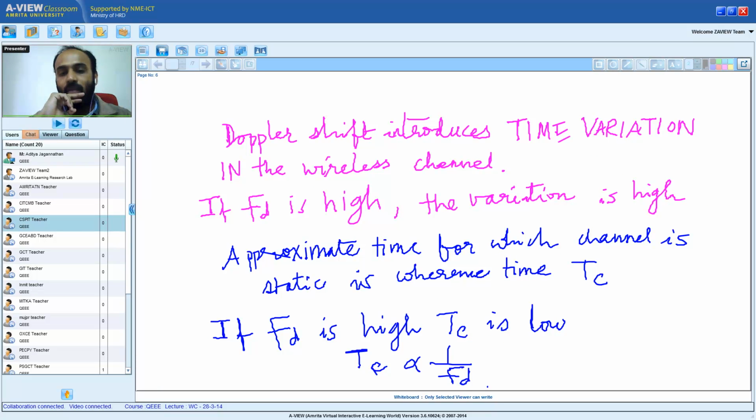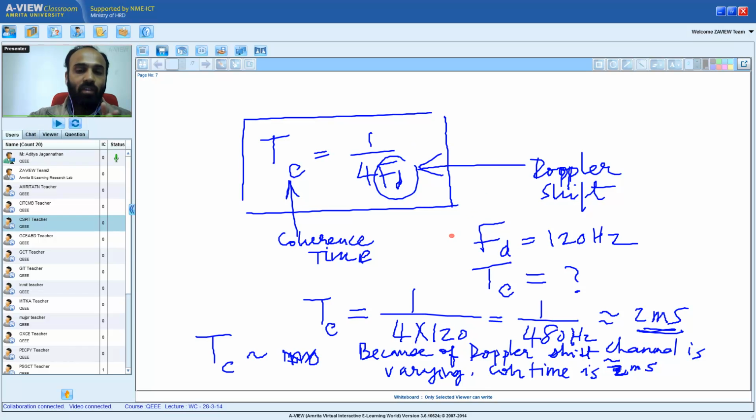And the coherence time, the amount of time for which the channel is static, is inversely proportional to the Doppler frequency. In fact, Tc equals 1 by 4 Fd. We saw for our example of I think 70 kilometers per hour, 1.85 gigahertz, this Doppler shift is 120 hertz, which means the coherence time is approximately 2 milliseconds.